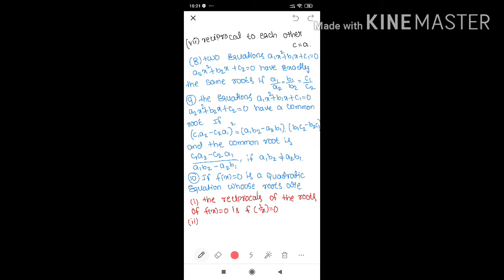Second, the roots of f of x is equal to 0, each increased by k, is f of x minus k is equal to 0.